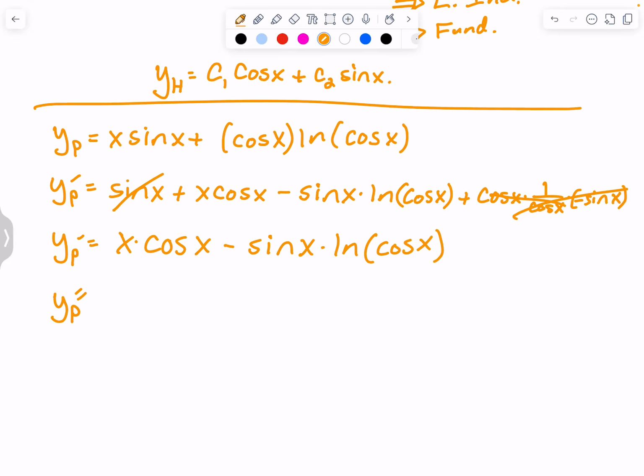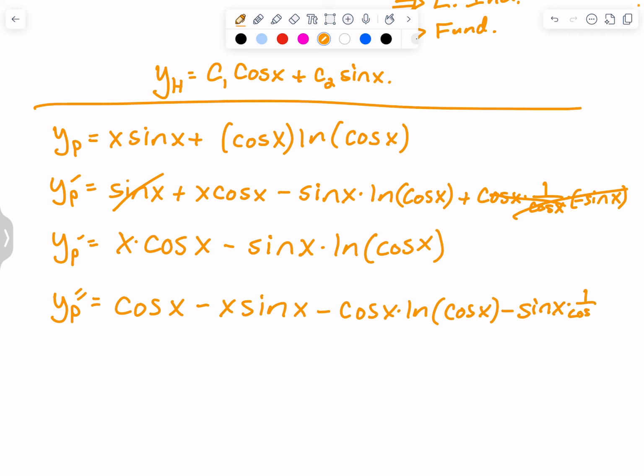So y sub p second derivative. It's another product rule. So I'm going to get cosine x minus x sine x. Then the product rule again here, minus cosine x times ln of cosine x, sorry. And then I keep the negative, keep your sign. Then I get 1 over cosine x, times negative sine x again.